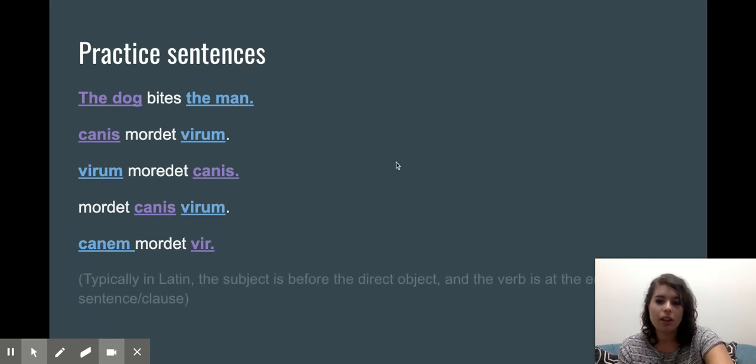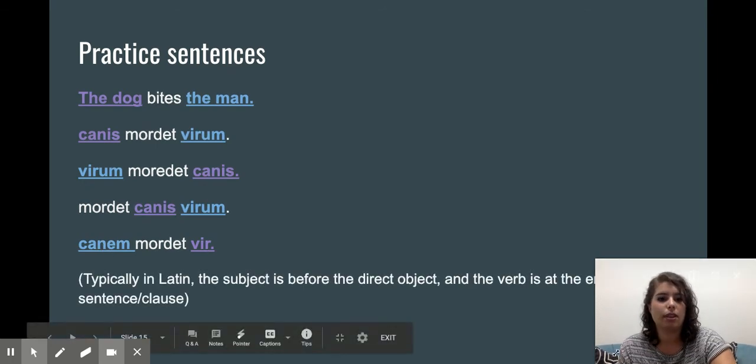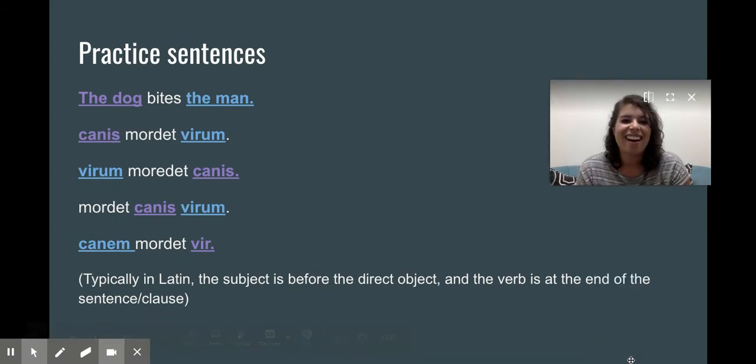Okay? Quick note, I'll move my face so you can read the note. There are guidelines for word order in Latin. These kind of go out the window in poetry that you'll deal with in much later levels of Latin. But typically in Latin, the subject will be before the direct object.